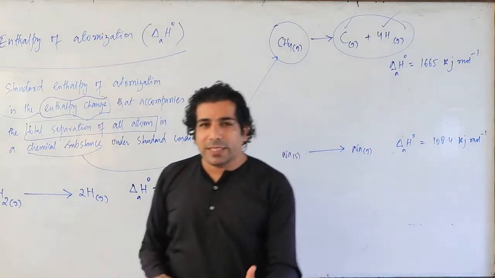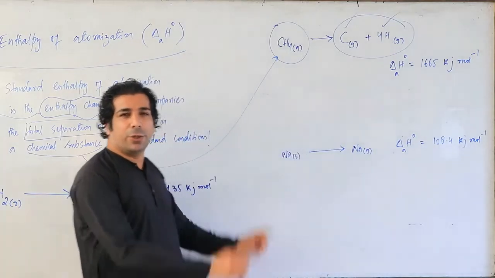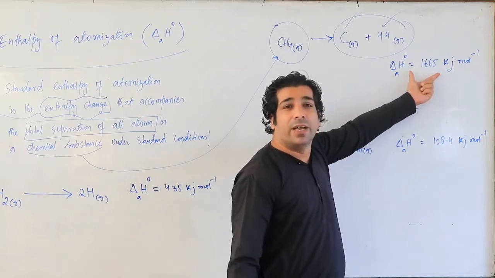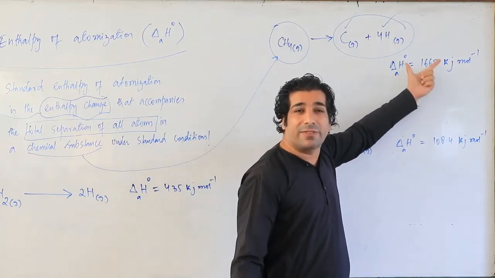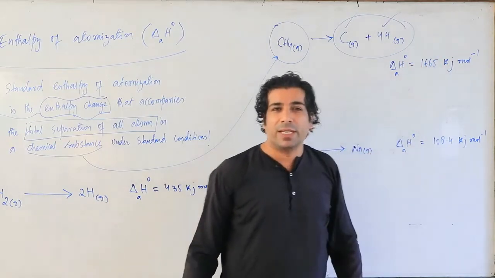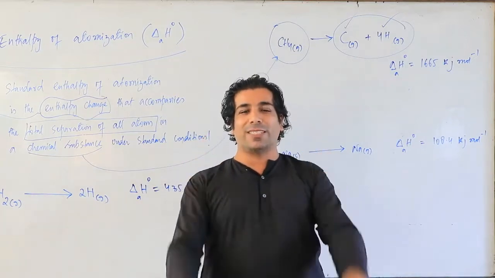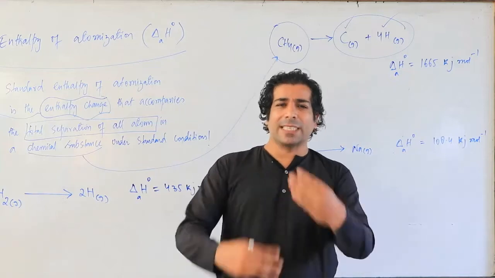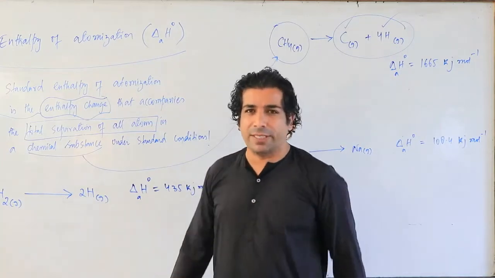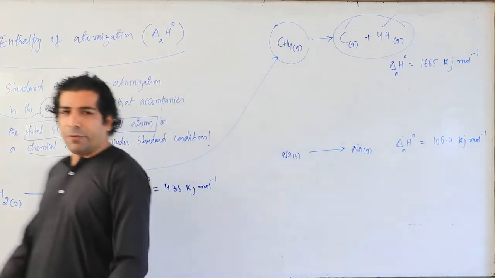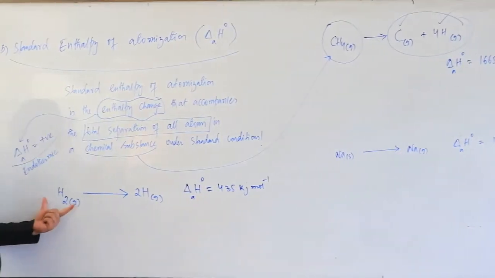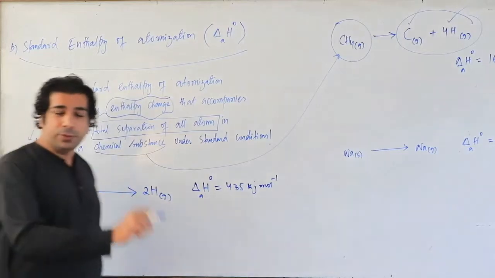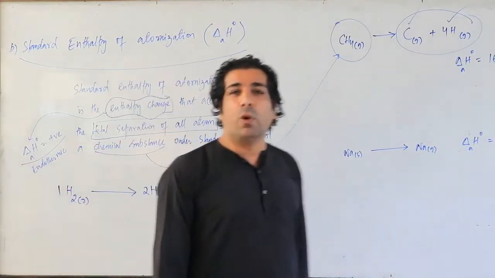And how much is the enthalpy change during this particular process? That is 1665 kilojoules, my dear friends. So understand, this will be called the standard enthalpy of atomization. Let us understand it in more detail. Have a look. Now if you take the first example here, H2, you can take it as one molecule also, and you can take it as 1 mole also.